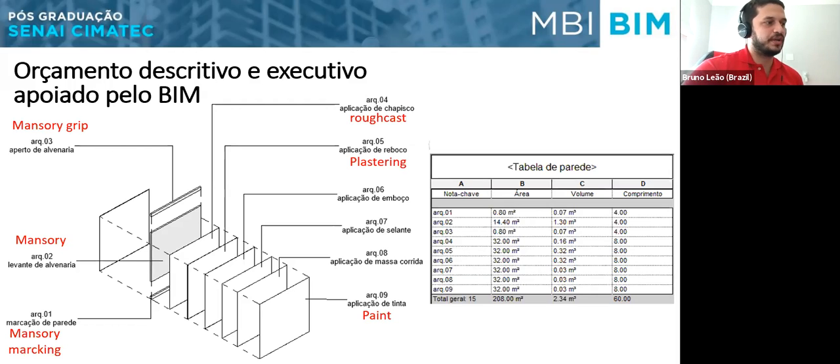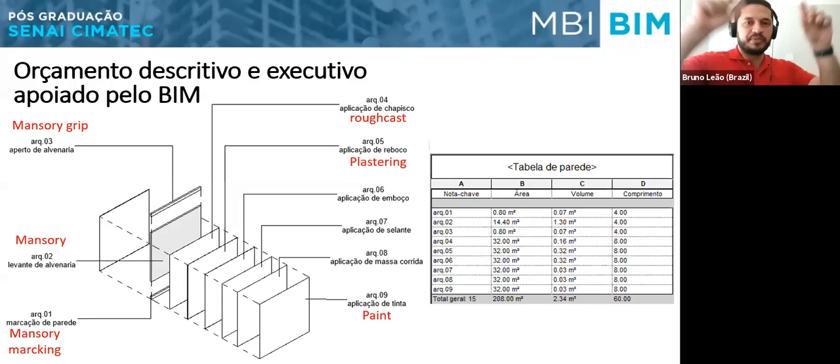So if you are talking about a masonry construction, we have to have the master marking, which is a service, actually here in Brazil. I really don't know how it works in other parts of the world. We have the surface of the masonry itself. We have the grip of the masonry on the top. We have all the layers of the finish, roof, plastering, the paint, and so on.